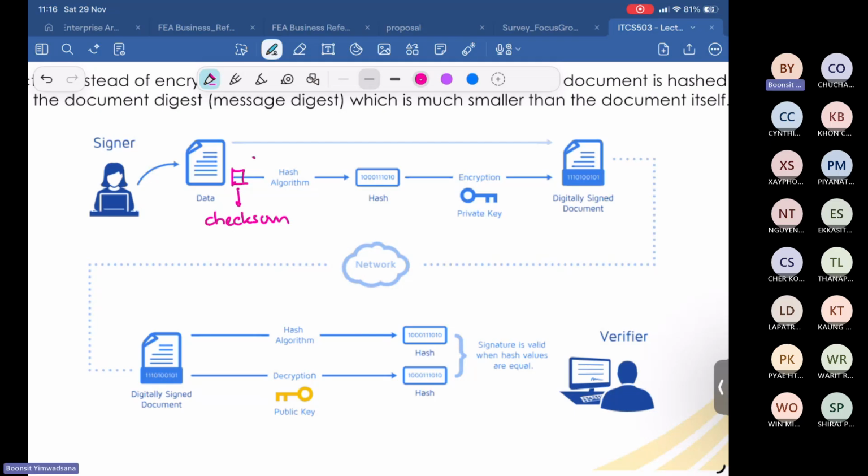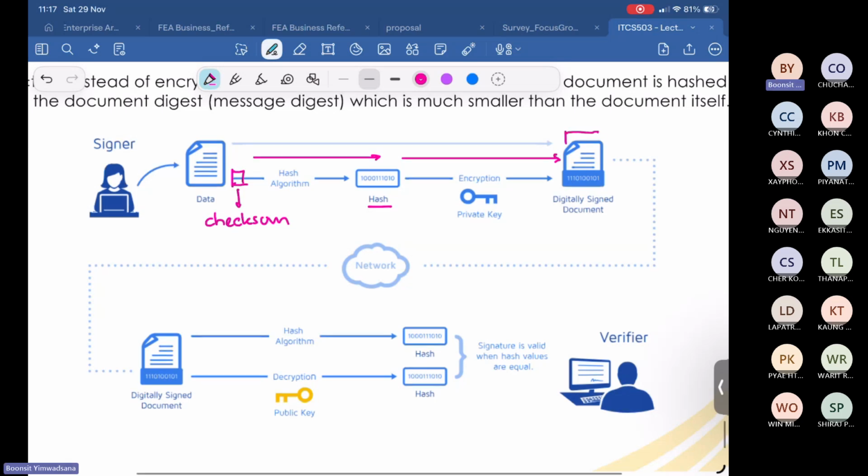Then this checksum is hashed and then encrypted using Bob's private key. The information of the document and the encrypted hash of this document, or actually the hash of the checksum of this document, is attached along with the document when Bob sends this to Alice.